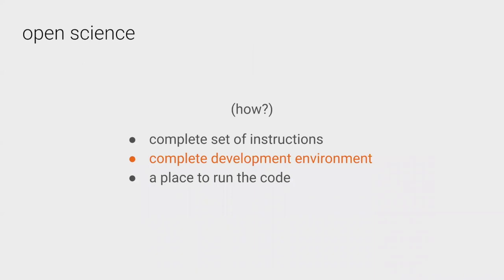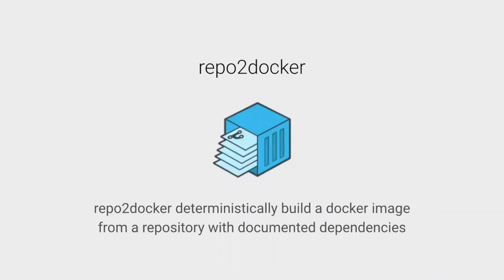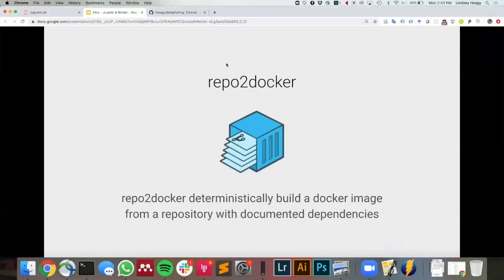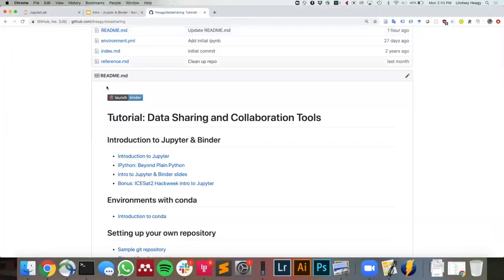Then we talk about capturing the complete development environment. I'll give you a quick overview, and then Don will go into more details. One of the interesting tools within the Jupyter ecosystem, and this is how mybinder.org runs. How many of you have seen mybinder.org? No? So I'll show you quickly. There are a lot of repositories that have a launch binder button.